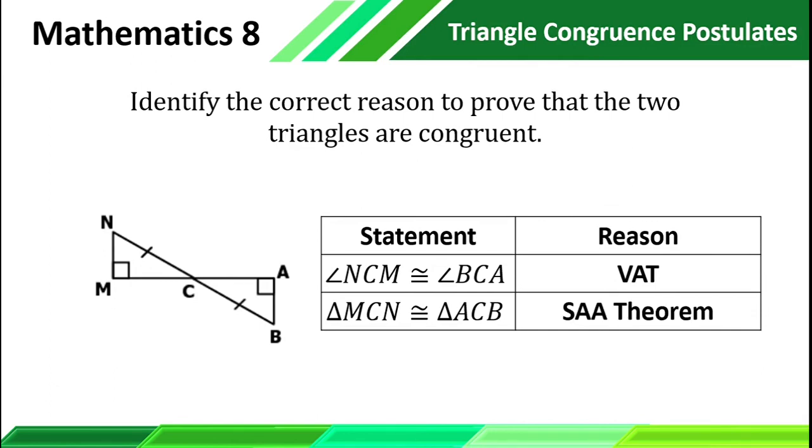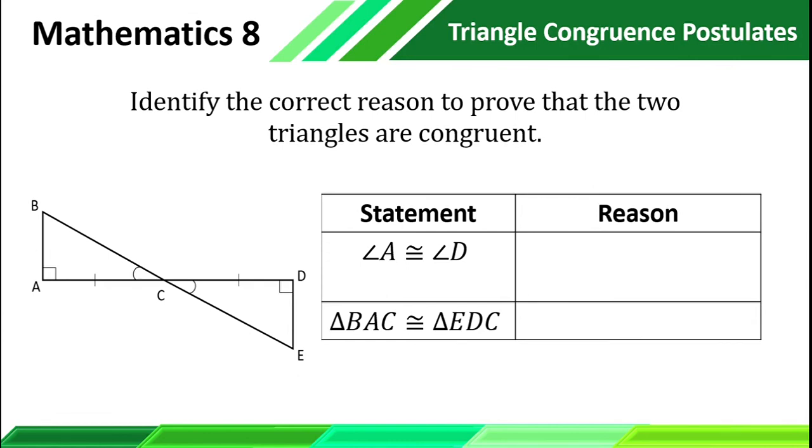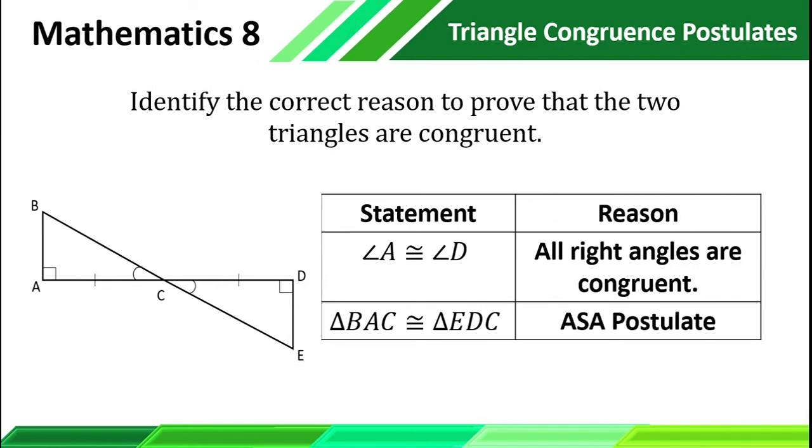Why? Because of the SAA theorem. Let's have our last example. Angle A is congruent to angle B, and we know that these two angles are right angles. All right angles are congruent. So we can say that triangle BAC is congruent to triangle EBC because of the ASA postulate.